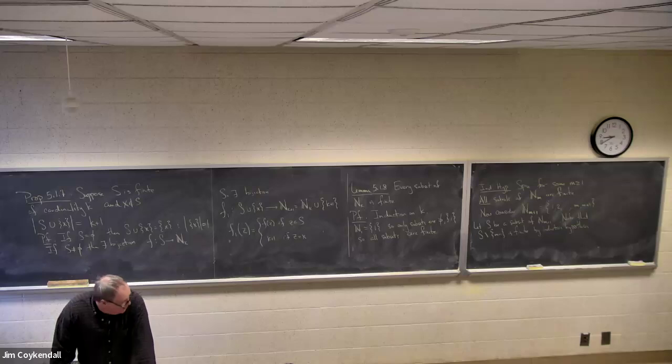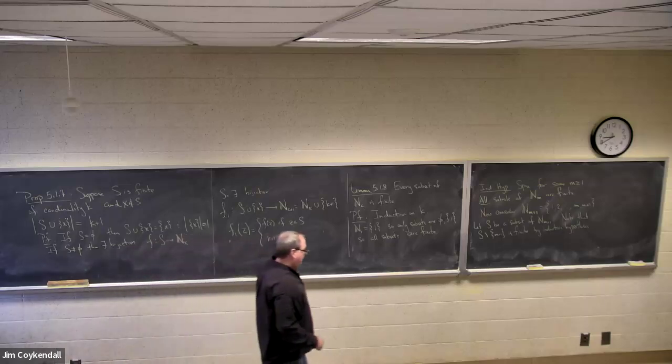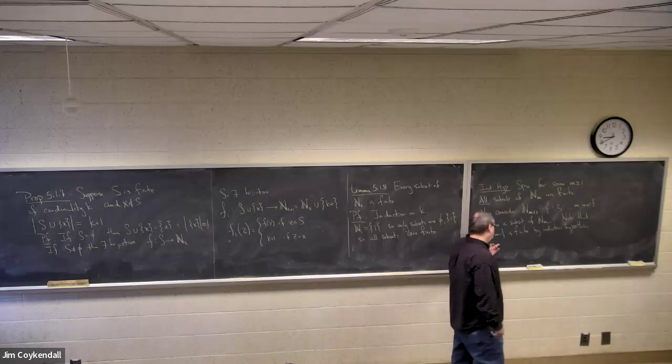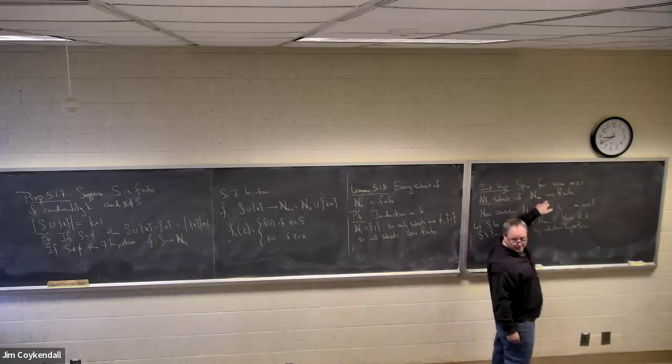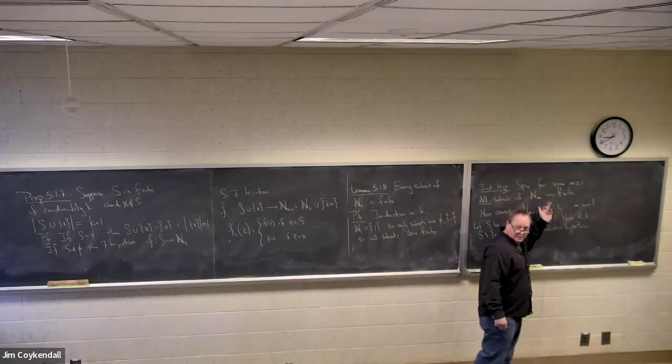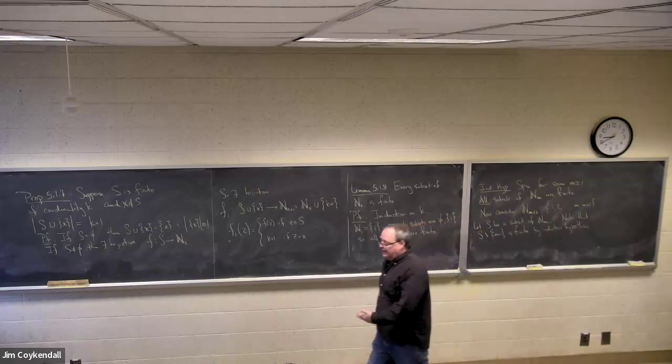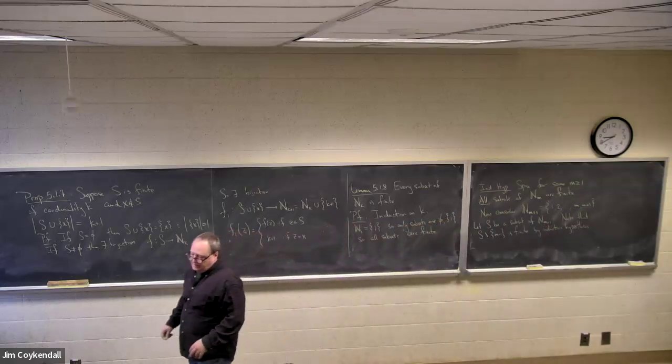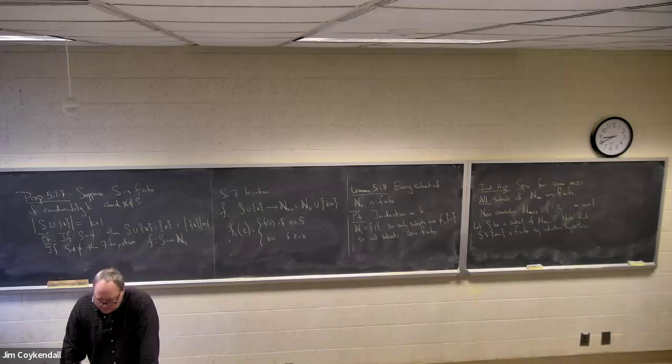Notice that when you take S and you remove n plus one, then that is a set that by induction is, because now this is a subset of NM, right? Because it doesn't have n plus one in it, it's a subset of NM, and it's finite by the inductive hypothesis.